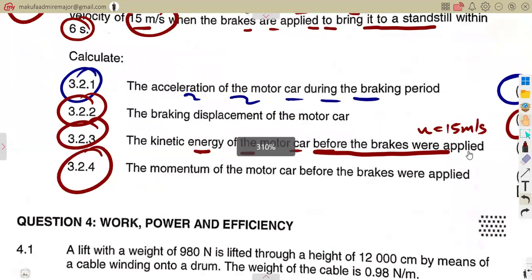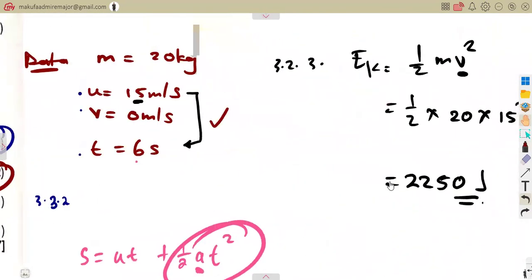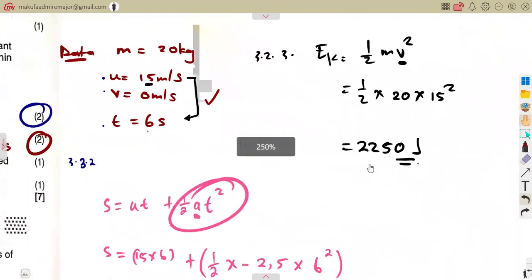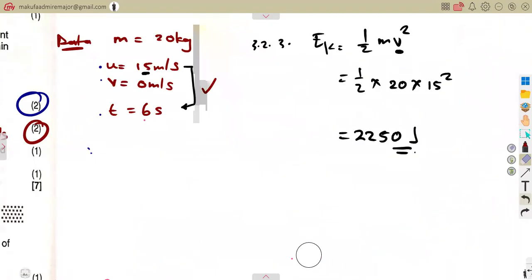The momentum also before the brakes were applied, meaning to say we are still using the initial velocity before the brakes were applied. But how do you calculate the momentum? Remember, the momentum is the product of mass and velocity. So that's 3.24, our momentum being the product of the mass and velocity.